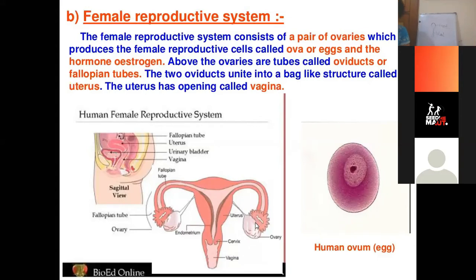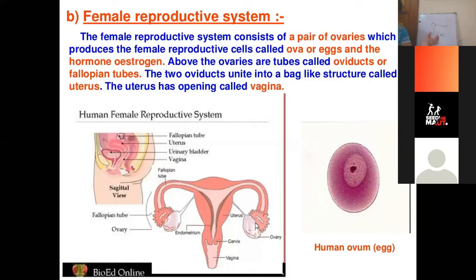It's a long muscular tube-like structure. It's just like the hand-like structure present over the ovary to catch the egg. And every month one of the ovaries is going to produce the egg for fertilization, right?